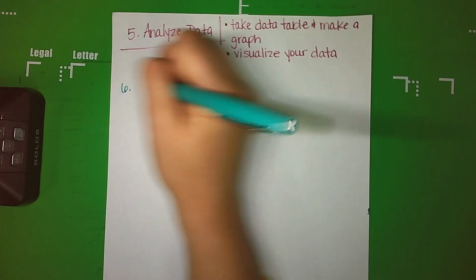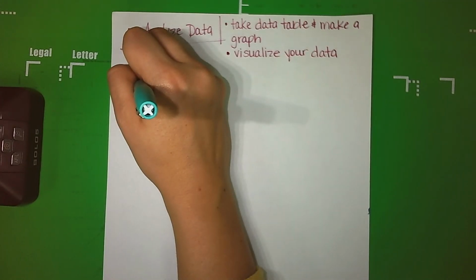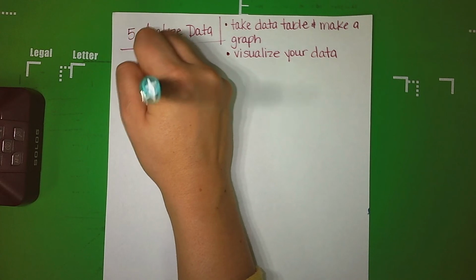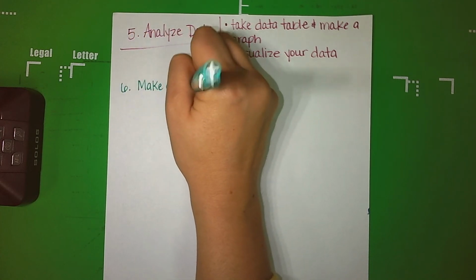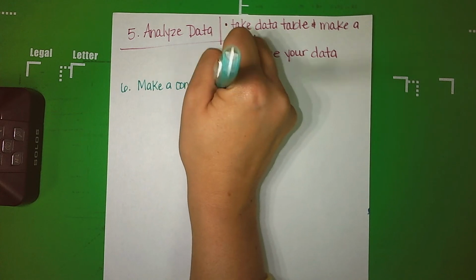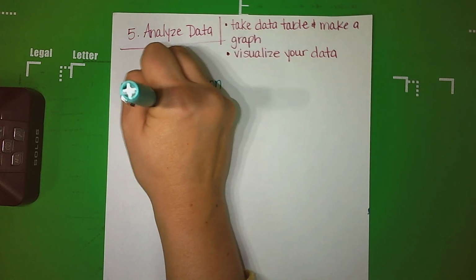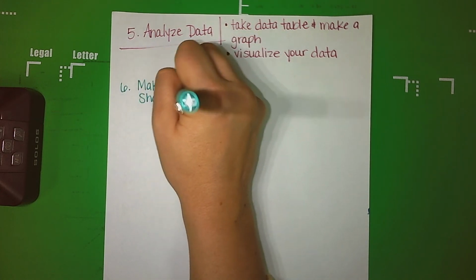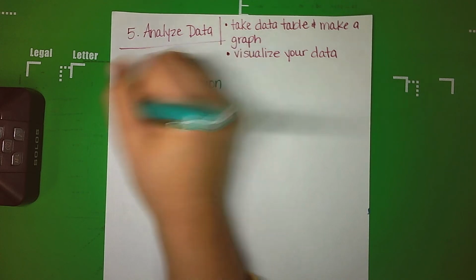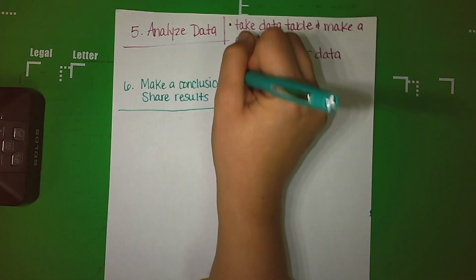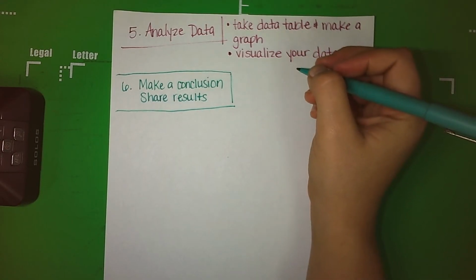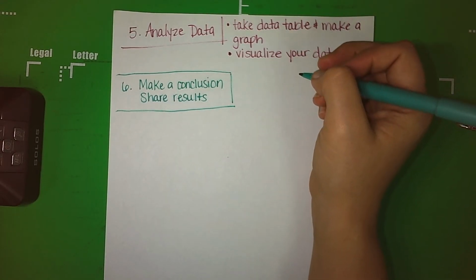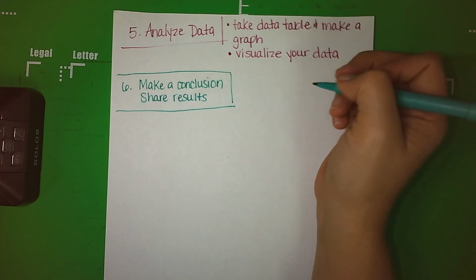Alright, your last step is to make a conclusion. This is where you share your results. Most of the time, when someone looks at your experiment, they're going to be able to see the whole thing. They're going to see your hypothesis, they're going to see your data table and your graph, and then they're going to read your conclusion.